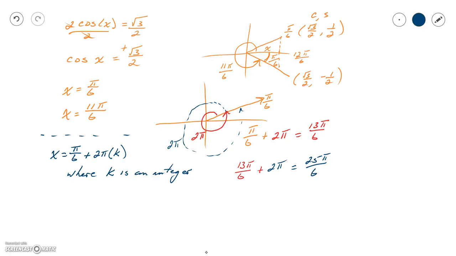K could be 1, 2, 3, 4, 0, -1, -2, -3. All of these angles, pi over 6 plus 2 pi k, are going to end at pi over 6. Similarly, for 11 pi over 6, now that was in quadrant 4, I can do the same thing, plus 2 pi k, where again, k is going to be an integer. So there's a couple of different ways that you can represent the solutions for an equation.